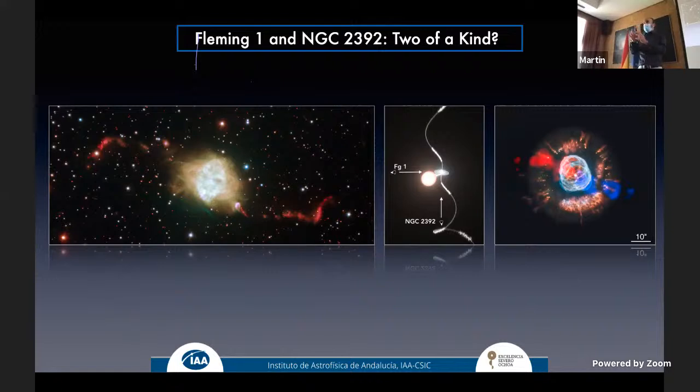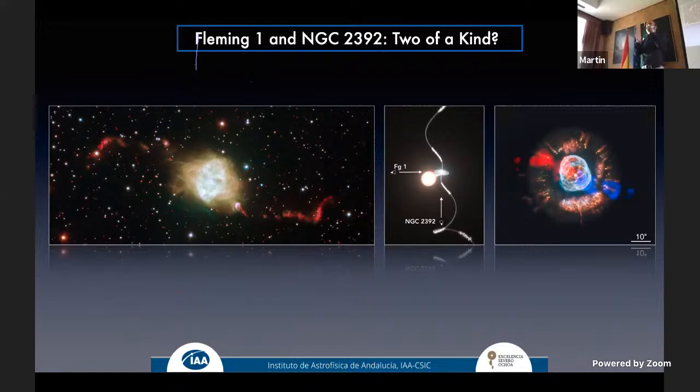But for some 20% of them, the initial mass of the helium layer is close to the critical mass. When this critical mass is reached, because the hydrogen on top of it is producing more helium, then the helium is going to ignite and it's going to produce this thermal pulse.